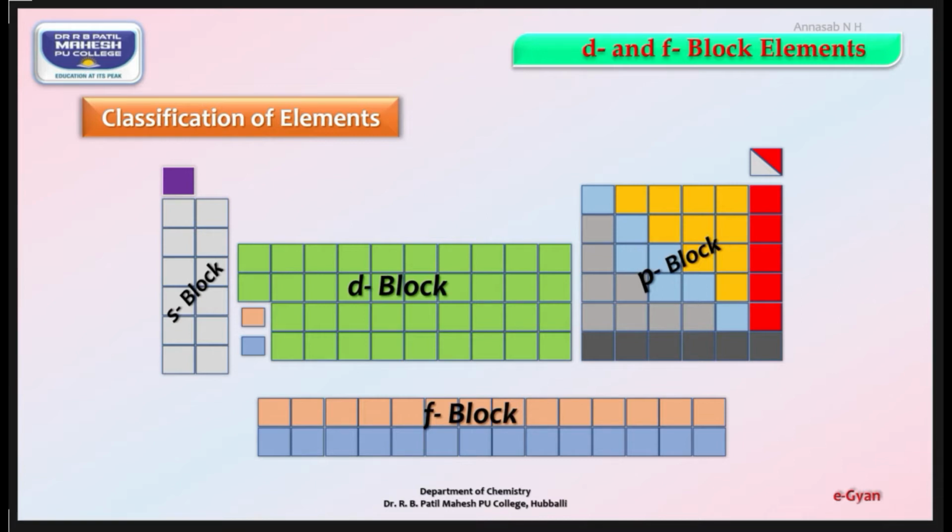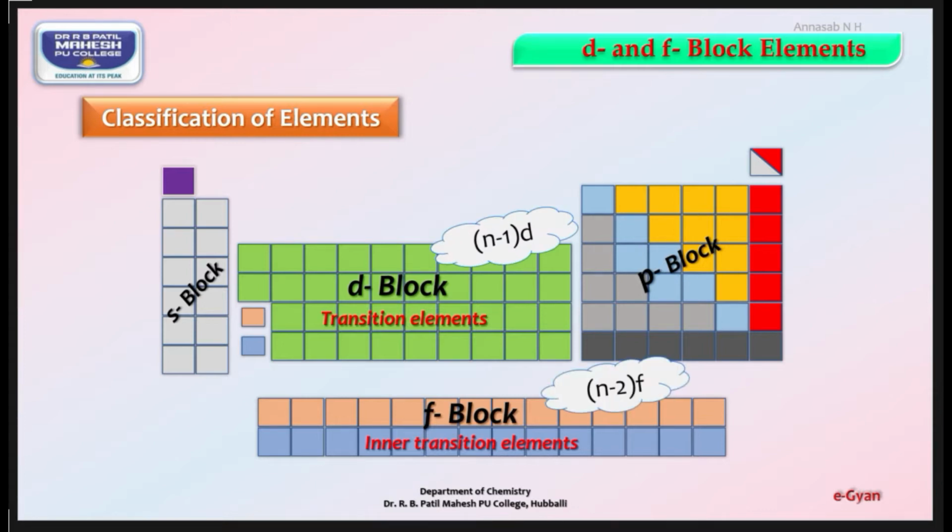The D block elements are also known as transition elements, and F block elements are known as inner transition elements. The D block elements have an orbit which is n-1 d, whereas for F block it is n-2 f, and for S and P it is ns and np, that you know already.